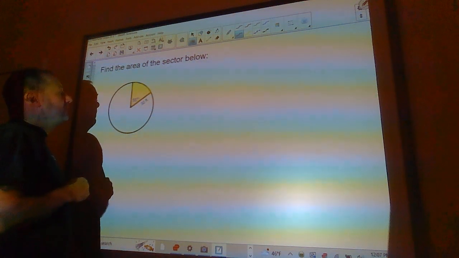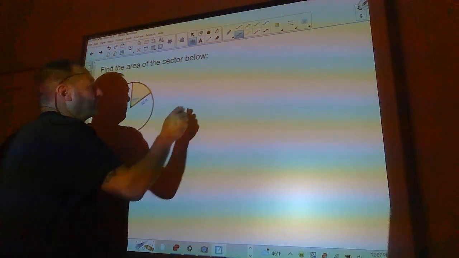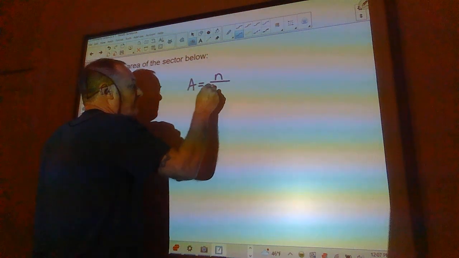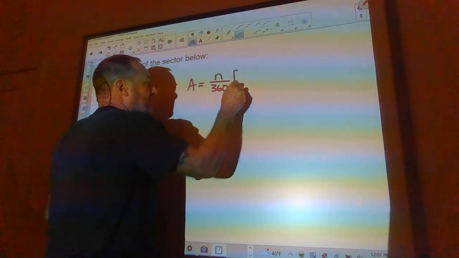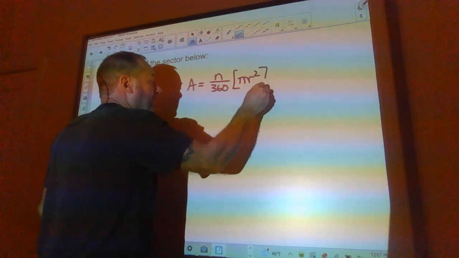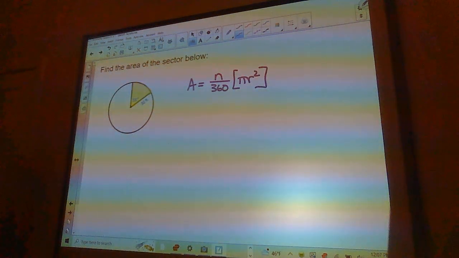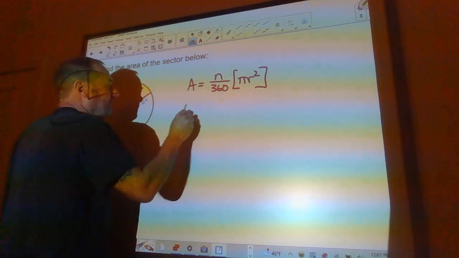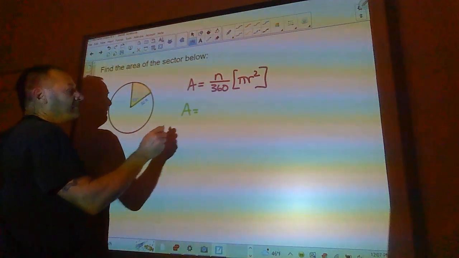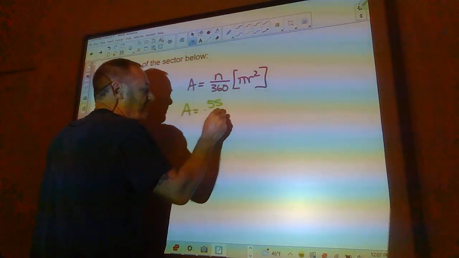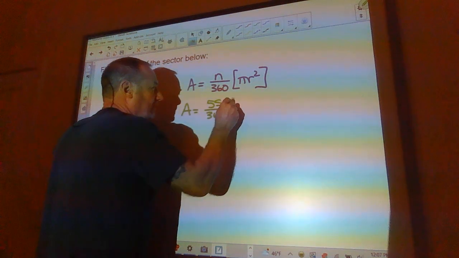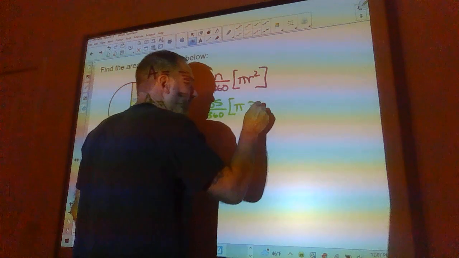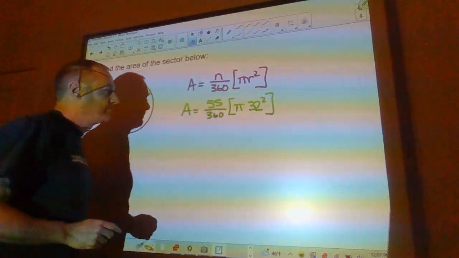Okay, so if we were going to do the sector, the area would be N out of 360 times the area of the circle, which would be pi r squared. So what's N? N is 55 degrees, so it's 55 out of 360 times pi times the radius, which is 32 squared.